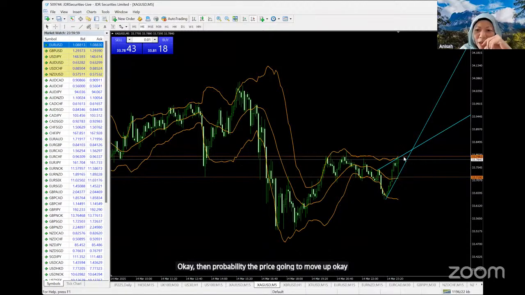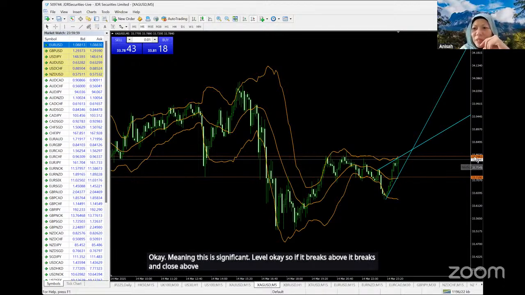If you look here, this baseline and the upper resistance line are crossing each other, meaning this is a significant level. So if it breaks and closes above 33.7963, then we're going to have quite a significant breakout.